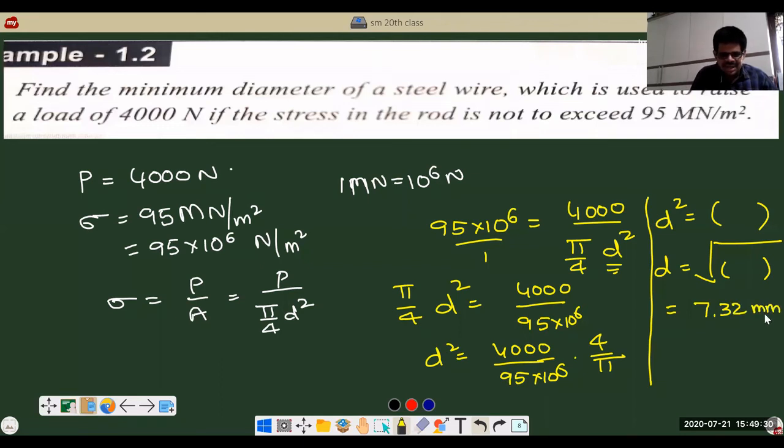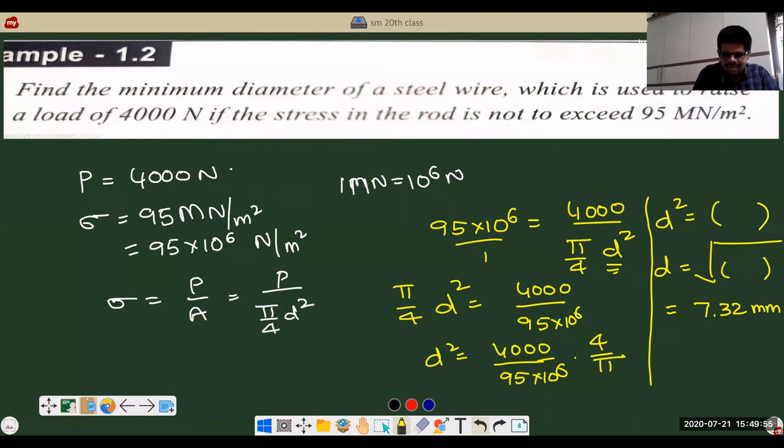All of you check your answers. You must be careful with the units, and also careful with the procedure while simplifying the equations. Sir, it is 7.32 into 10 power 3, right? Yeah, exactly, 7.32 into 10 power 3.